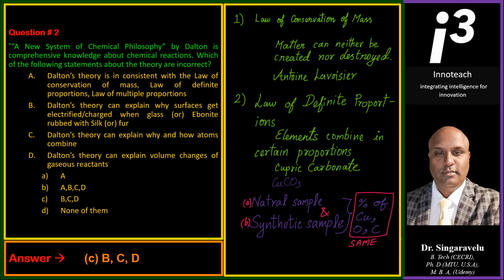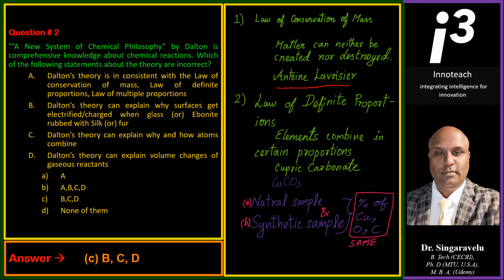law of conservation of mass, which is matter can neither be created nor destroyed, proposed by Antoine Lavoisier. And the law of definite proportions, which was given by, I think, Proust, who said that elements combine in certain proportions, and when you take any two compounds obtained from two different sources, irrespective of the source, they will have the same proportion.